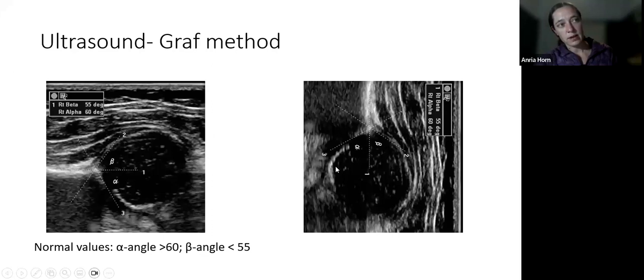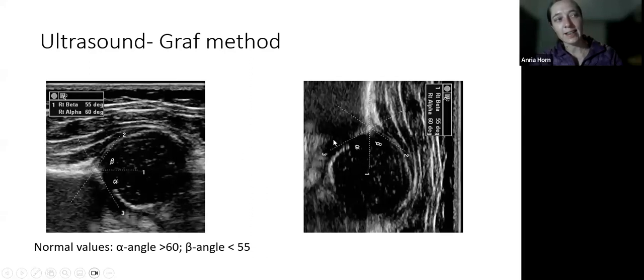And I'm going to show you a nice graphic now that demonstrates the anatomy a lot better. But there's the alpha angle. So you can see, this is the acetabular roof, sorry. As the alpha angle becomes smaller, the hip becomes more dysplastic. So the roof becomes more open with a smaller alpha angle, and more closed with a larger alpha angle.